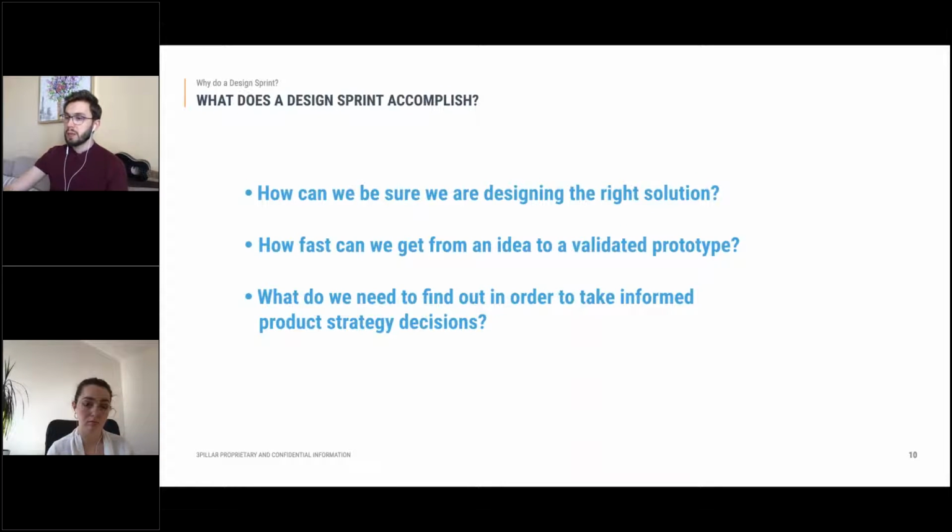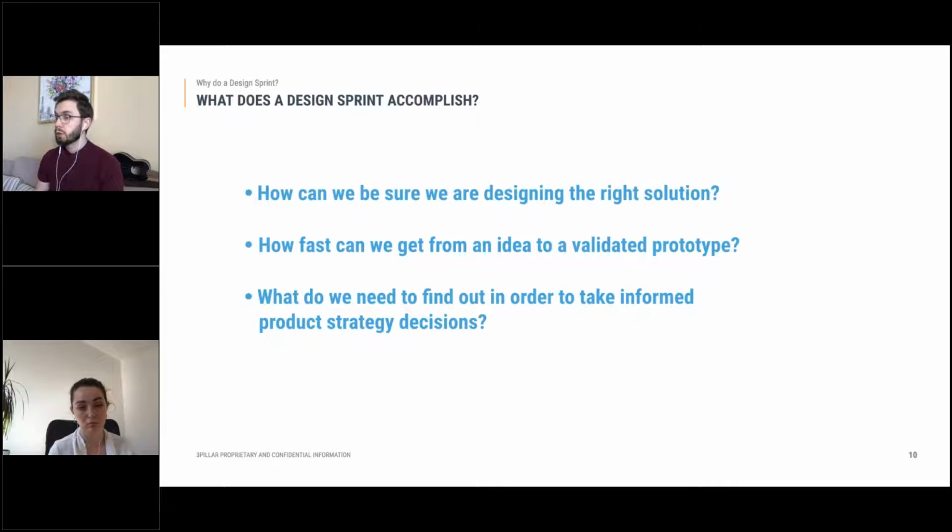So in a nutshell, with a design sprint, we can just make sure we're designing the right solution for the right problem. It's almost impossible to design a really good product when you are solving for a problem that does not exist.